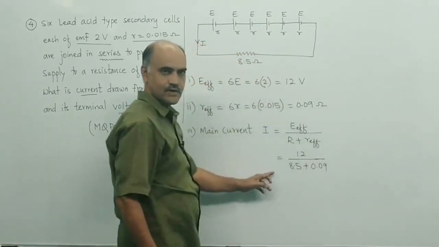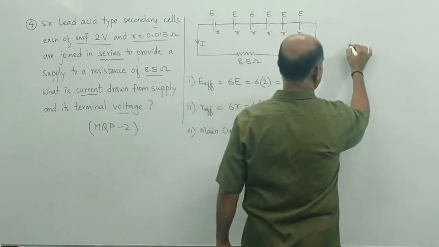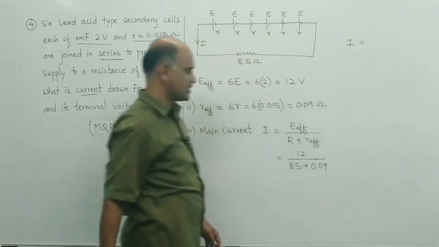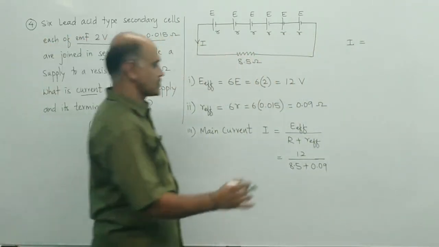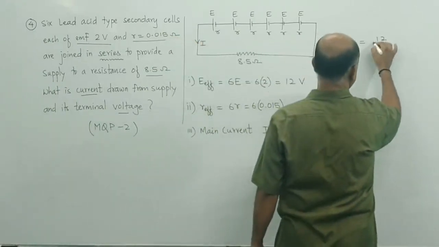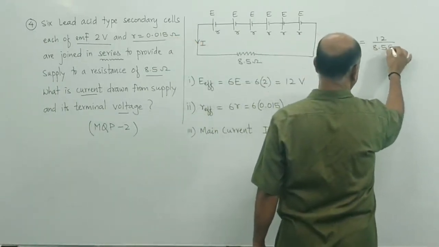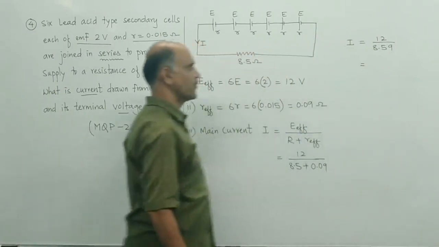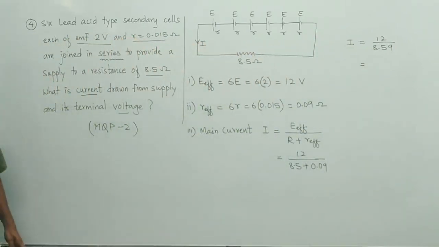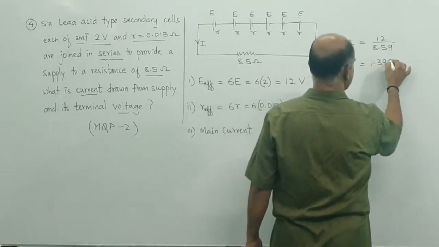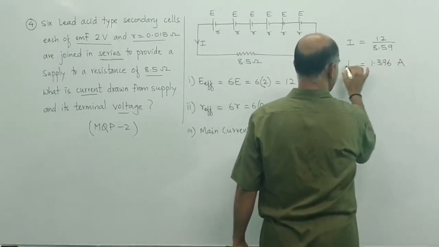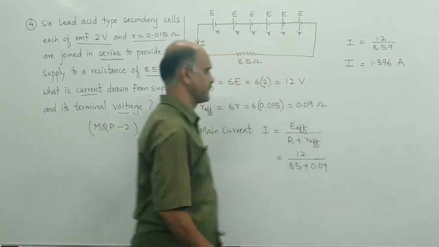So use calculator and simplify. You will get current I is equal to 12 divided by 8.59. Using calculator, if you simplify, 1.396 ampere. This is main current I.